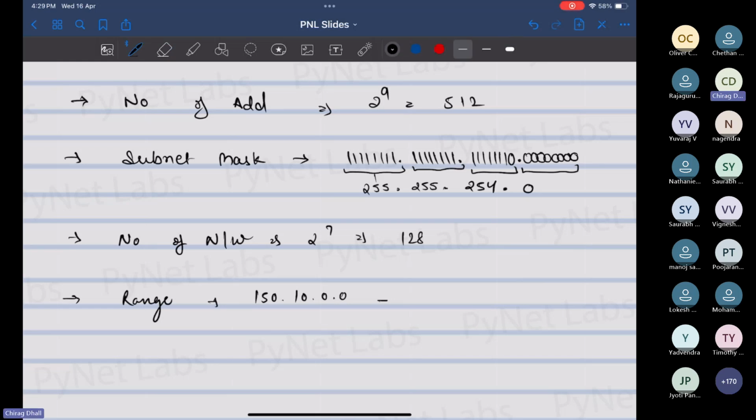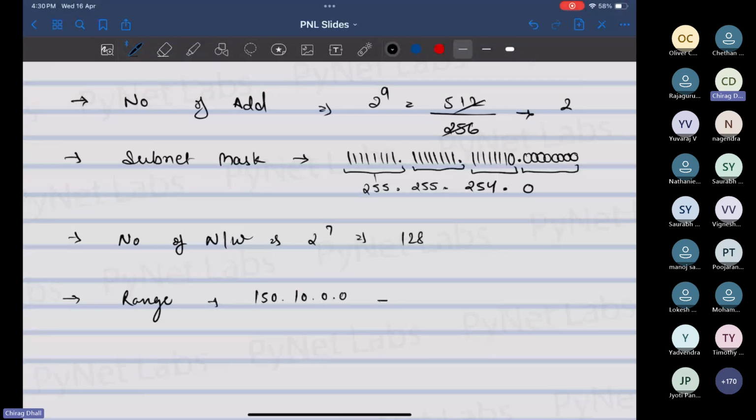To calculate the range in scenarios where your number is greater than 256, what you have to do is divide your number by 256. When you do this division, you will get 2, right?